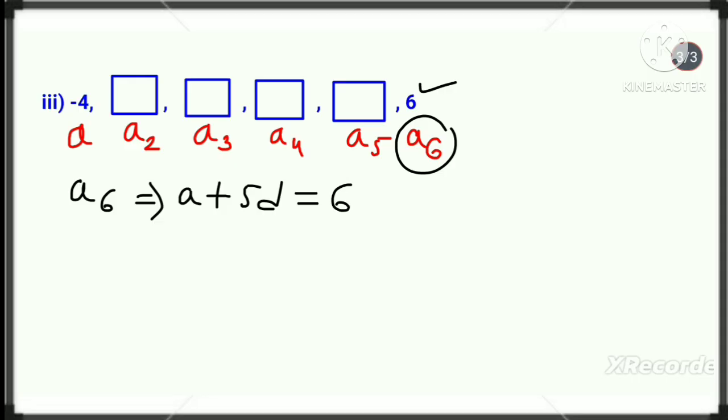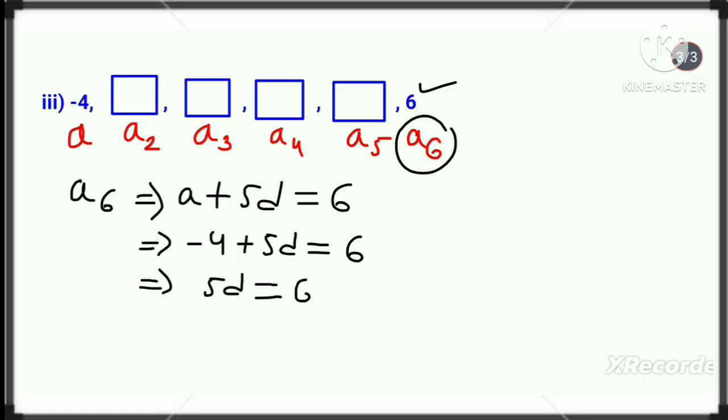Now a equal to minus 4, plus 5d equal to 6. Again 5d equal to 6, and this minus 4 goes to RHS and becomes plus 4.